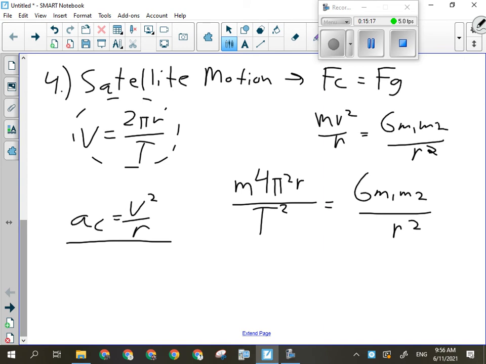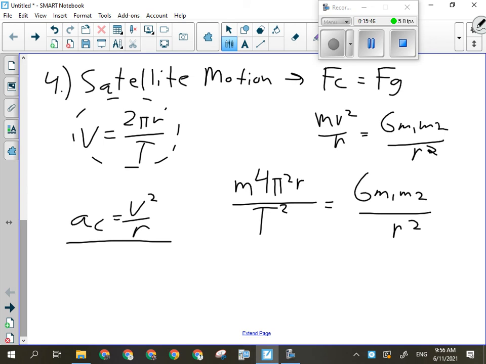Now, the other thing I saw was also people trying to use Kepler's law of periods for satellites, which you can do if, what's the if? Right, if you have a second object orbiting the same central point. So people were trying to use that to solve for something like a satellite orbiting the Earth.